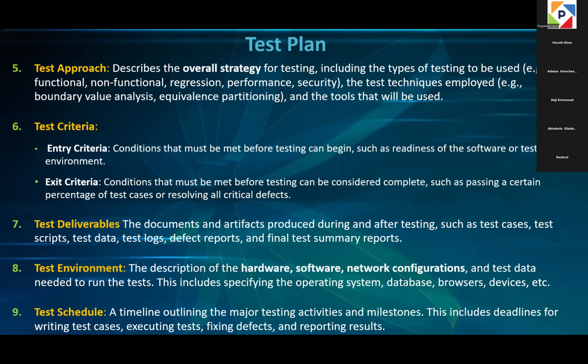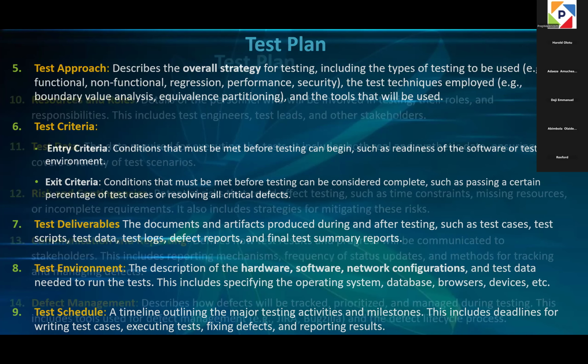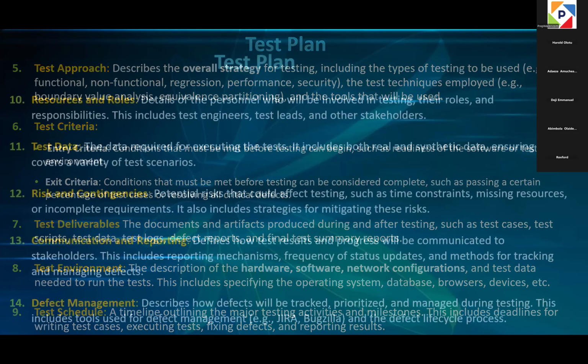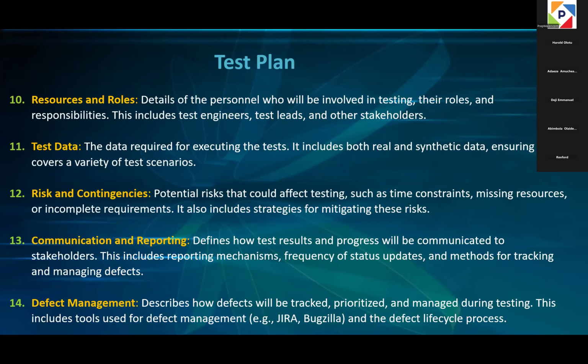It's a timeline outlining the major testing activities and milestones. This includes deadlines for writing test cases, executing tests, fixing defects, and reporting results. Then resources and roles, details of the personnel who will be involved in testing, their roles and responsibilities. This includes test engineers, the test lead, and other stakeholders.